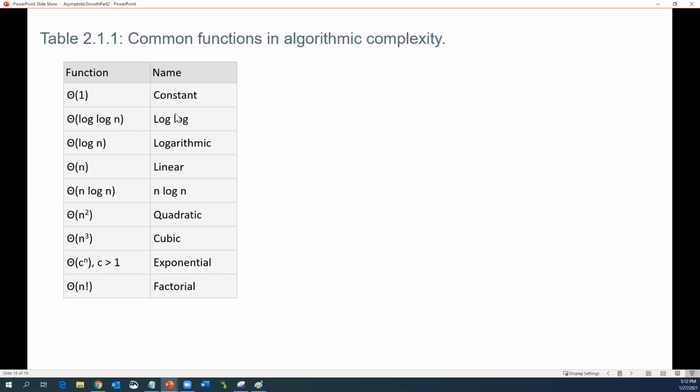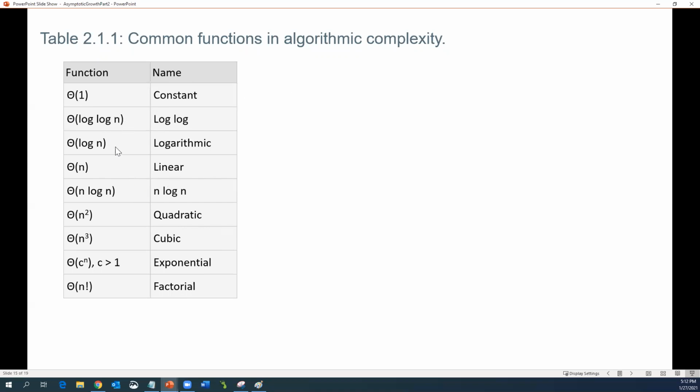Well, that's what they do in this table here. They've named these functions, and they're saying this: if I have a function that's theta of 1, that means it's constant. And you know what that looks like? It's just a straight line straight across.